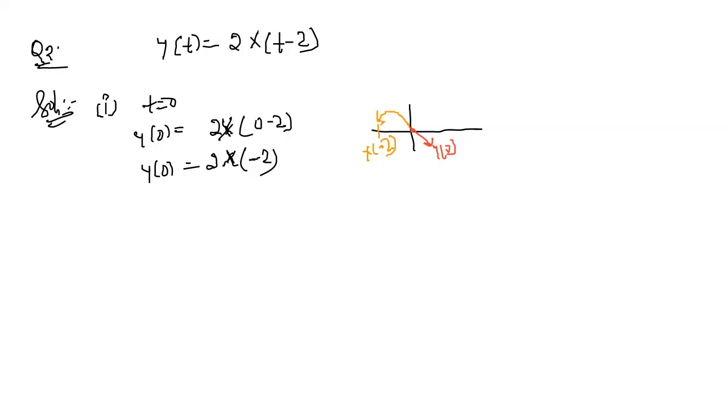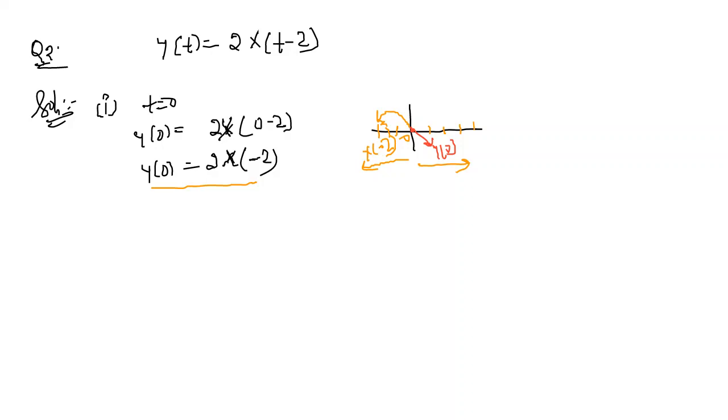With respect to 0, this is the future: 1, 2, 3, 4, 5, 6, and -1, -2, -3, -4, -5 is the past with respect to 0. So in this first case, the output depends upon the past value of input.